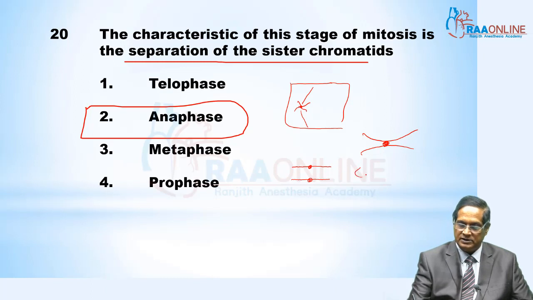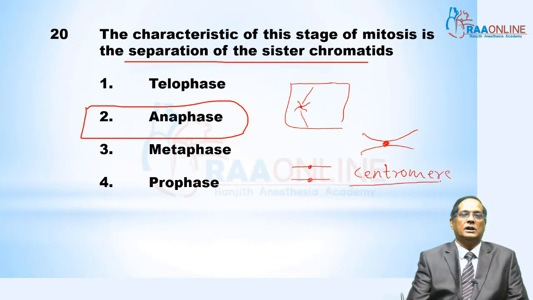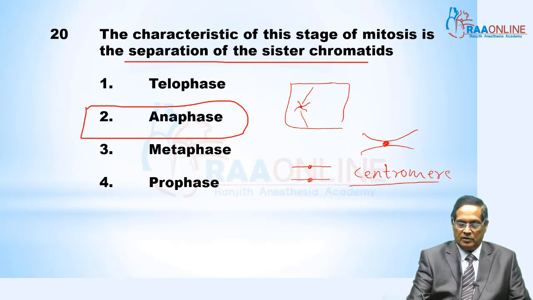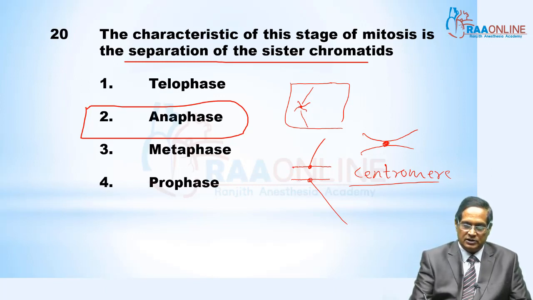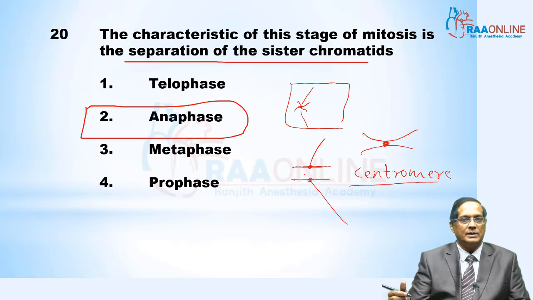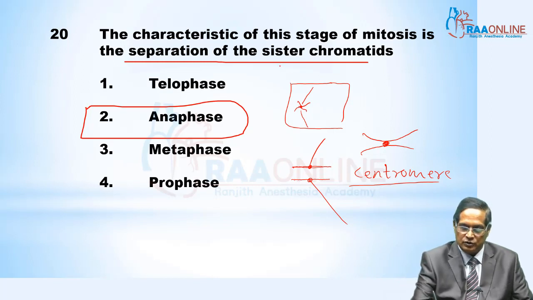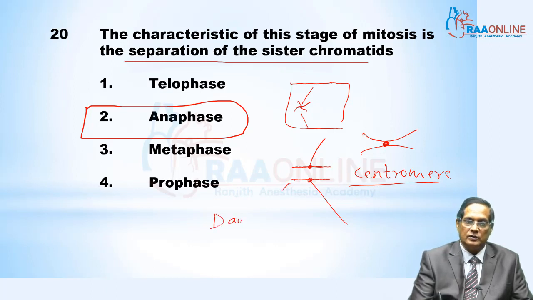So first of all, division of centromere, then followed by separation. When the centromere divides, the two chromatids of the chromosome separate and each one is now known as a daughter chromosome.